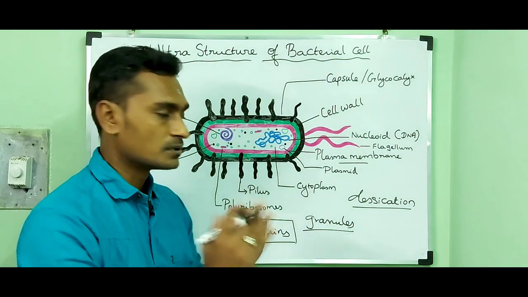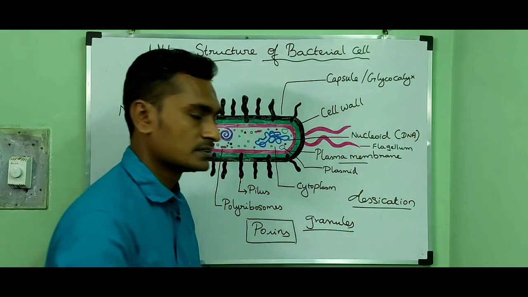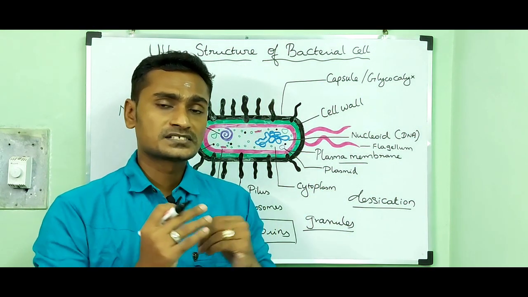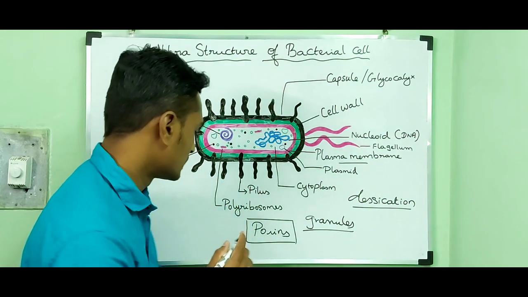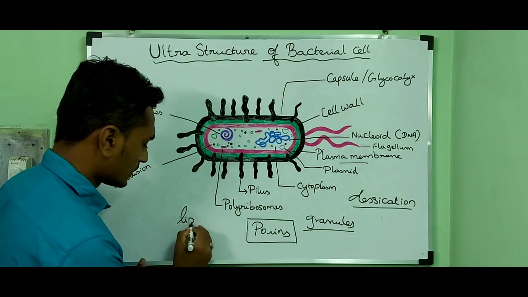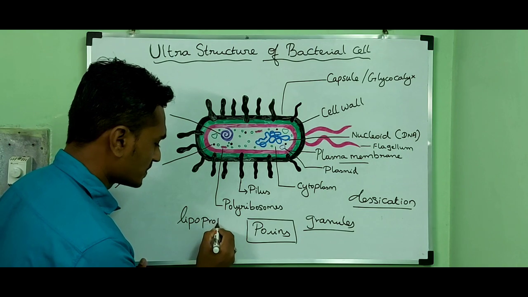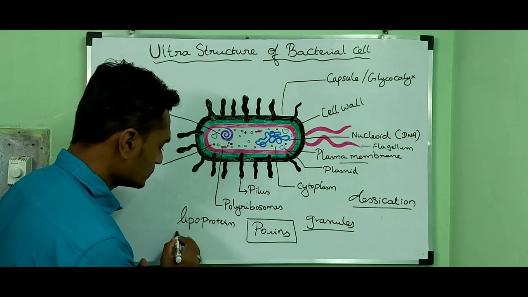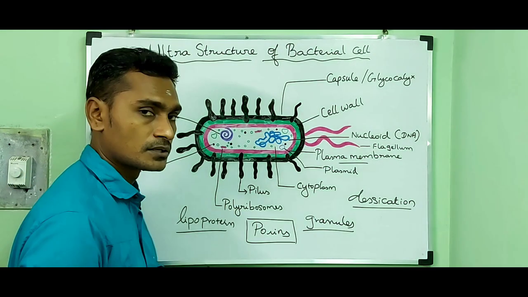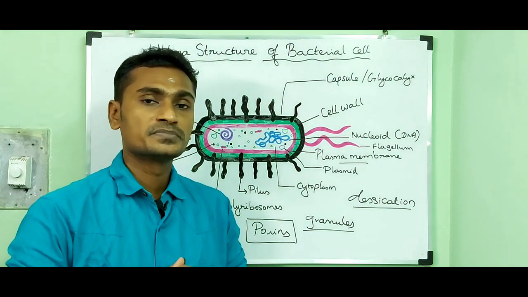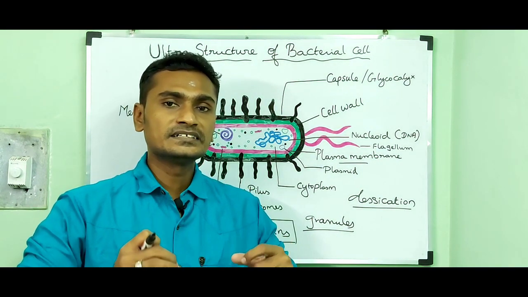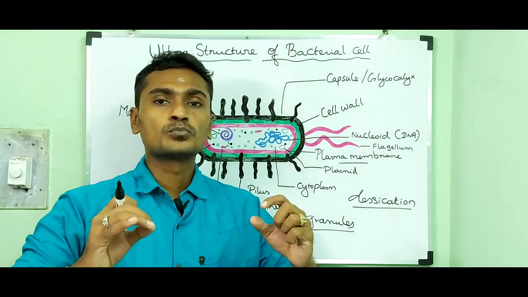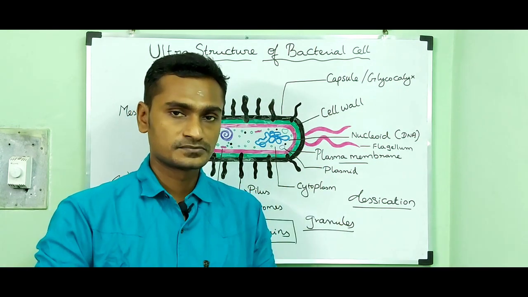Then I am going to tell about the plasma membrane. The bacterial plasma membrane is made up of lipoprotein. Due to the lipoprotein nature of the plasma membrane, it controls the entry and exit of small molecules and ions.